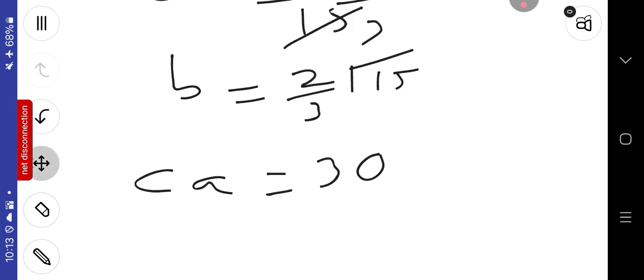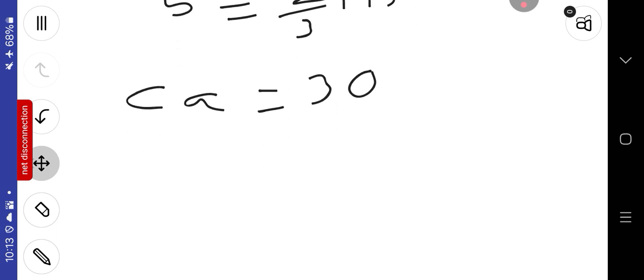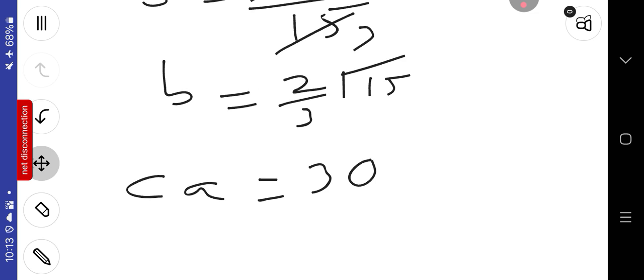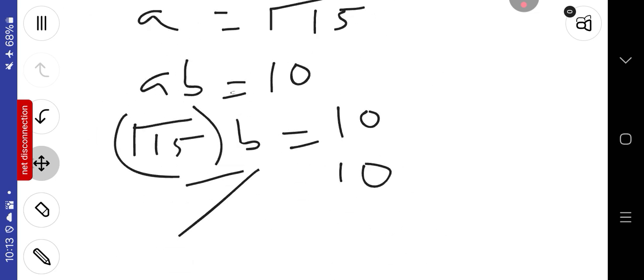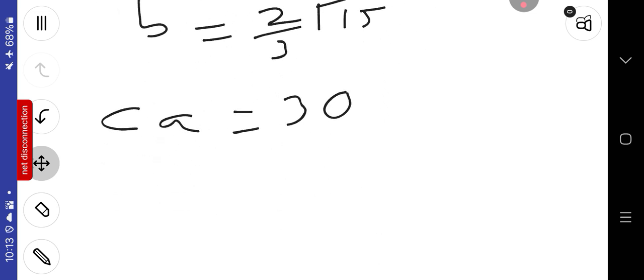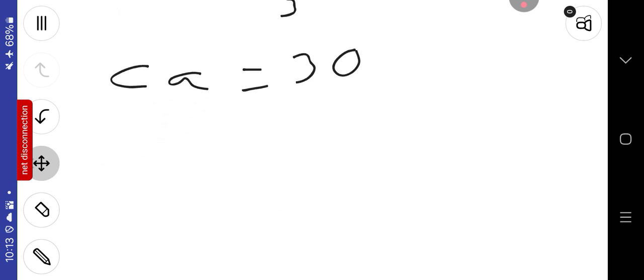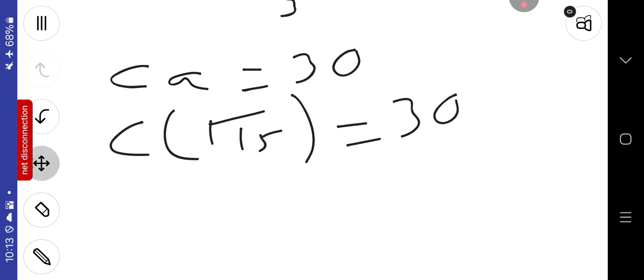All right, now we know the value of A as root of 15. Let's confirm that. A is the square root of 15. So let's put it into this equation. You're going to have C multiplying the square root of 15 is equal to 30.